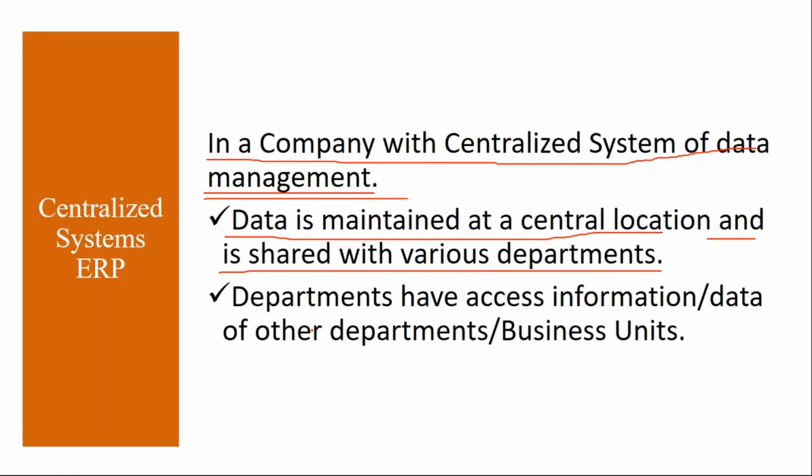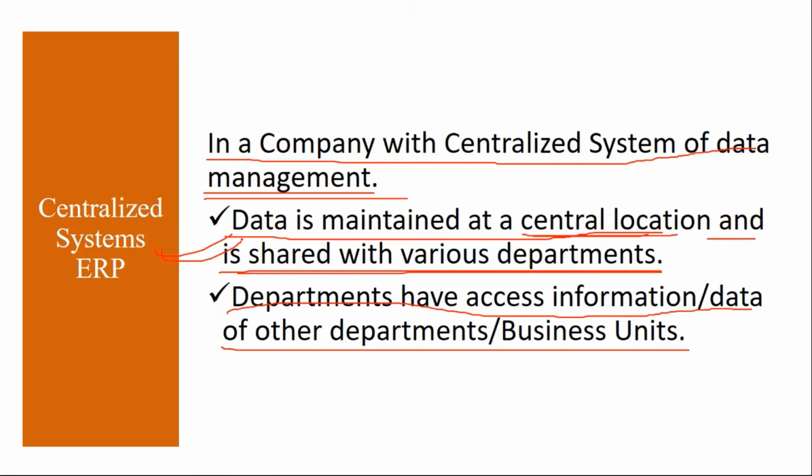All the departments maintain their data in the central place, and this data is shared with other departments also. Departments have access to information and data of other departments and business units. So one particular department can access the data of another department. So this is called a centralized system.